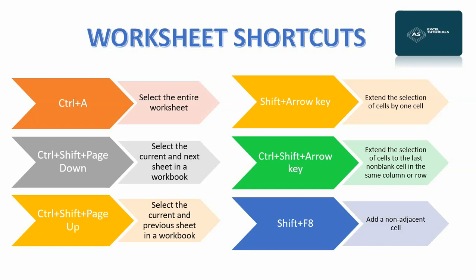Extend the selection of cells by one cell: Shift plus arrow key. Extend the selection of cells to the last non-blank cell in the same column or row: Ctrl plus Shift plus arrow key. Add a non-adjacent cell. What will you do? Shift F8.